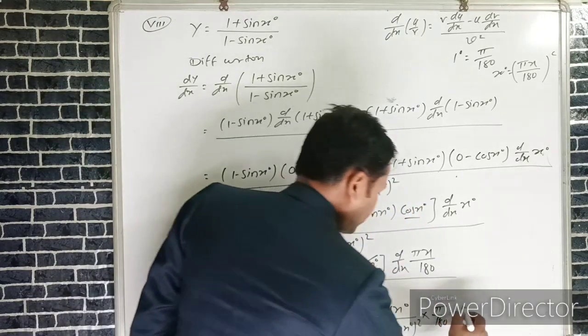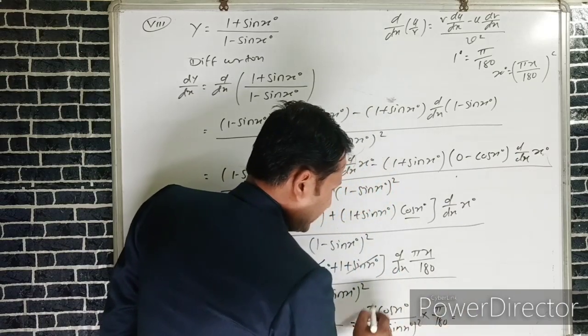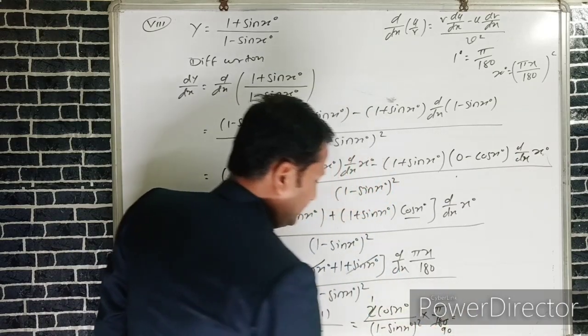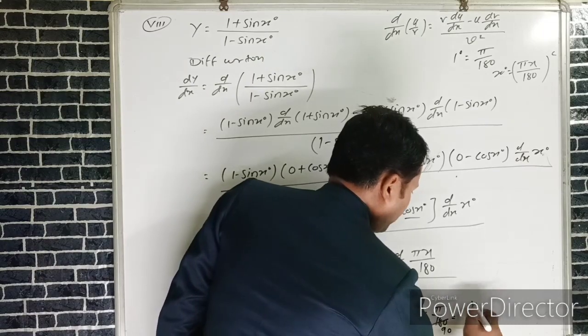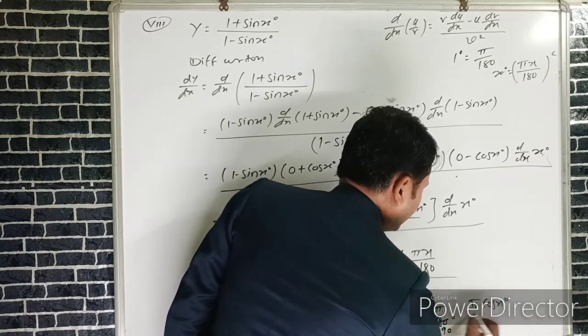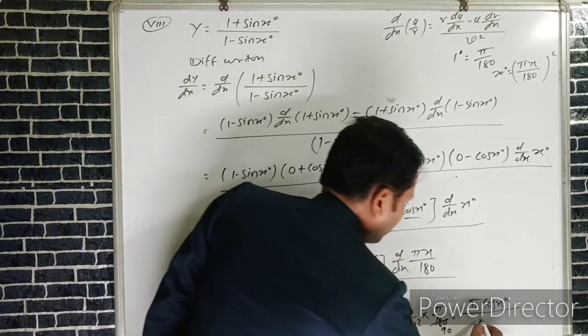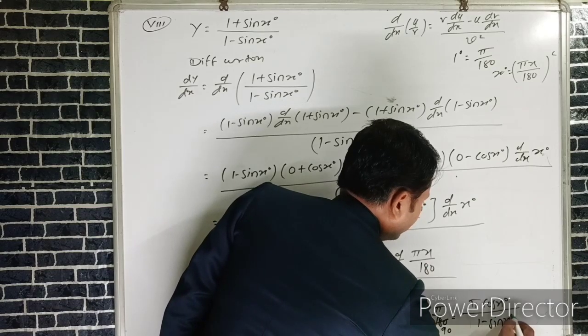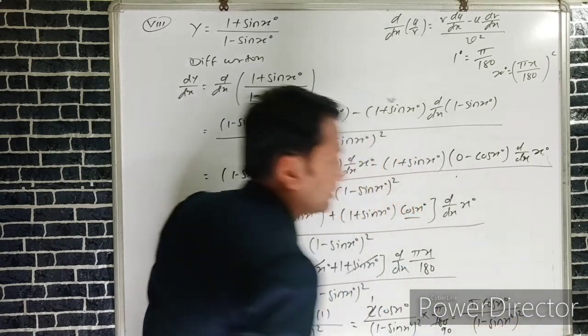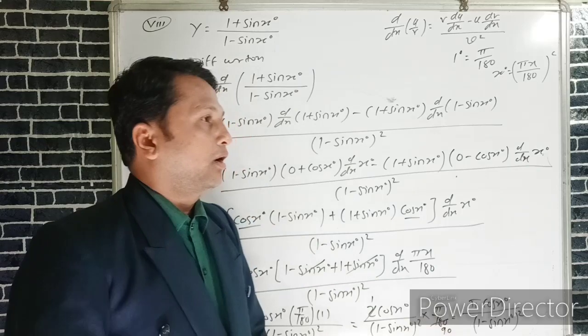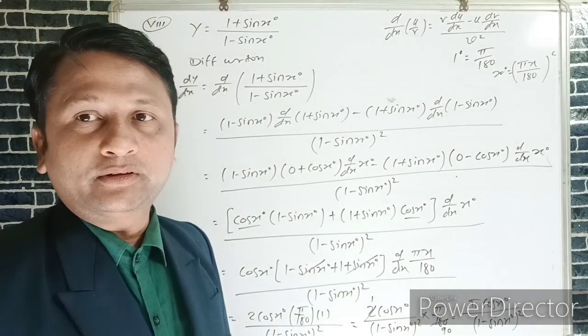That is, 2 cancels with 180 to give 90, meaning pi cos x degree upon (1 minus sine of x degree) whole bracket square. This is the final answer of the given differentiable function.